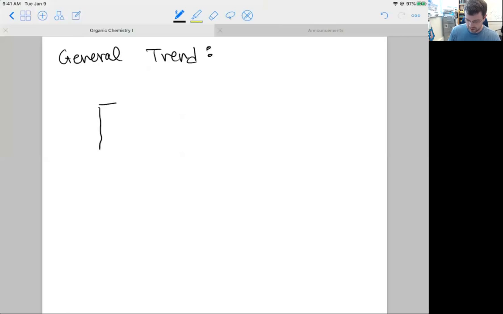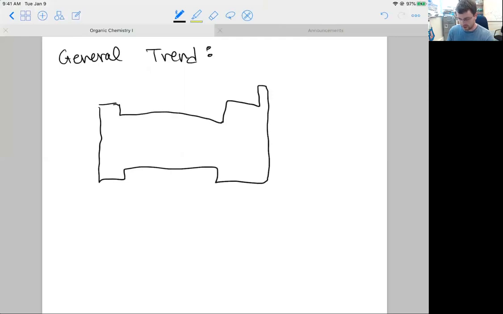Let's imagine I draw the periodic table. That looks pretty good. Okay, so this is a periodic table. The periodic table has periodic trends, that is, things that you can sort of predict without knowing much more about the chemistry of the individual elements. What I'm going to first do is cross off the noble elements.